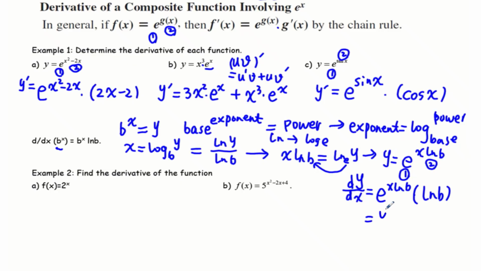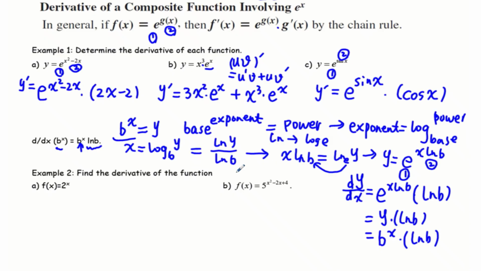So y prime equals y times ln b. And the y at the very beginning is b to the exponent x. So now you will see that the derivative of b to the exponent x equals b to the x, the y itself, times ln b.